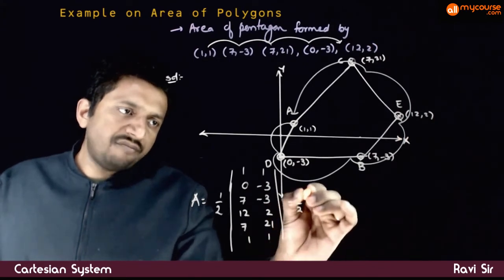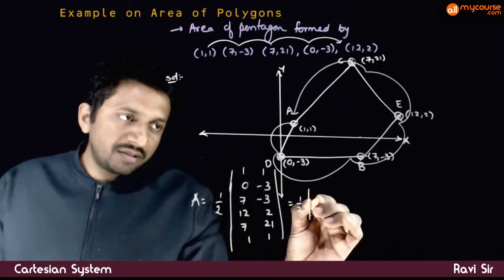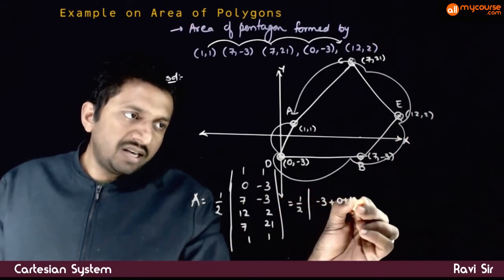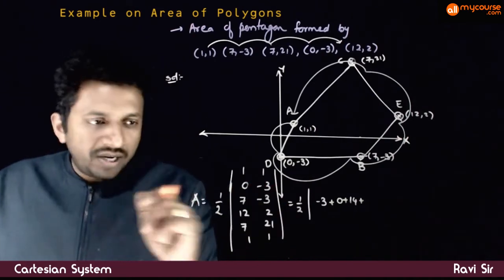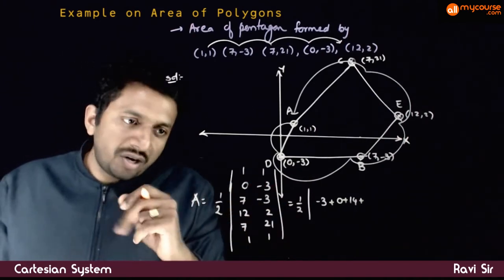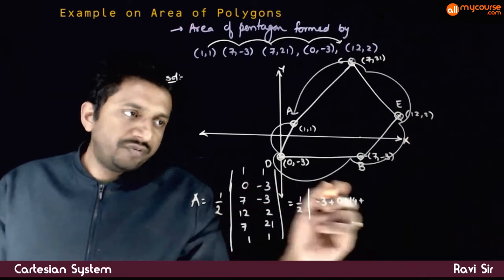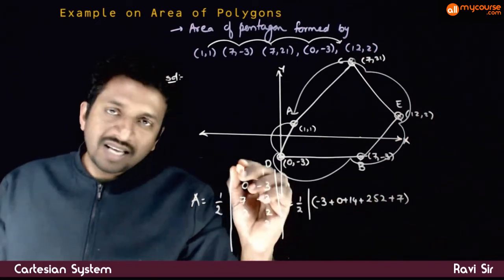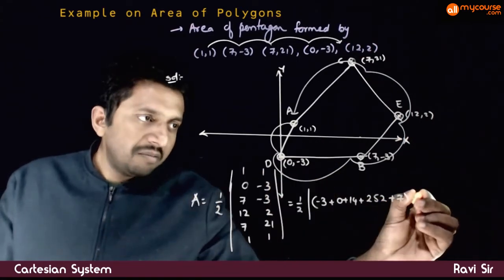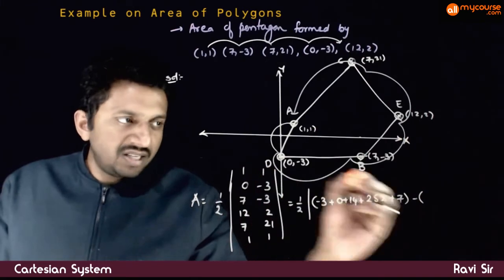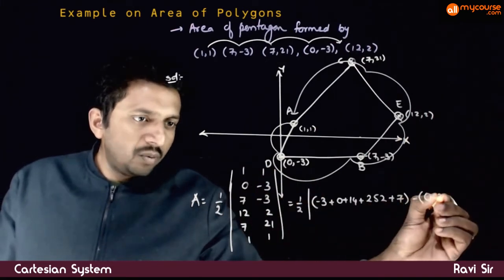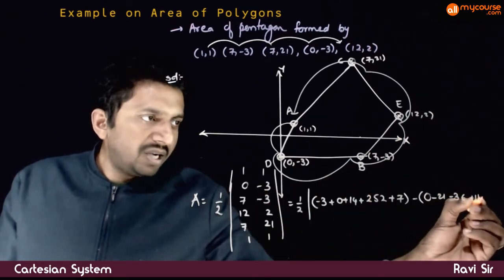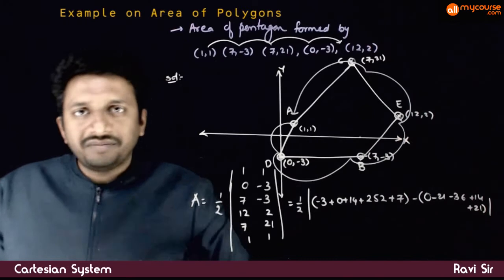That is equal to half of mod of, so the downward arrows are minus 3, 0 plus 0 plus 14 plus 12 times 21. 12 into 20 is 240 plus 12 is 252, plus 7. So these are the downward arrows which need to be added, minus the upward arrows 0, minus 21, minus 36, plus 14, plus 21, the mod of this.